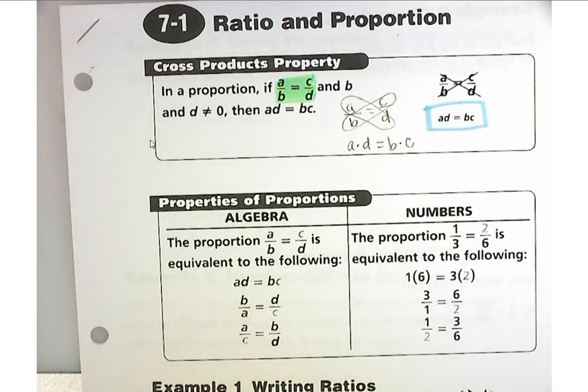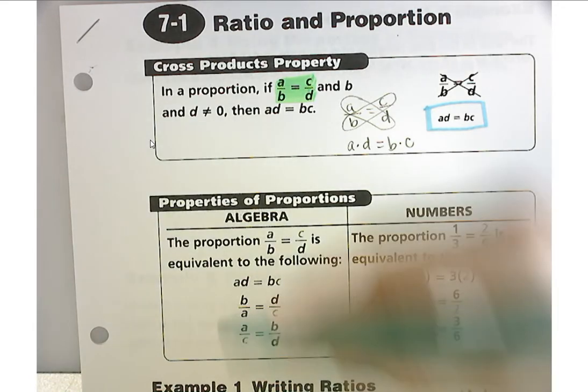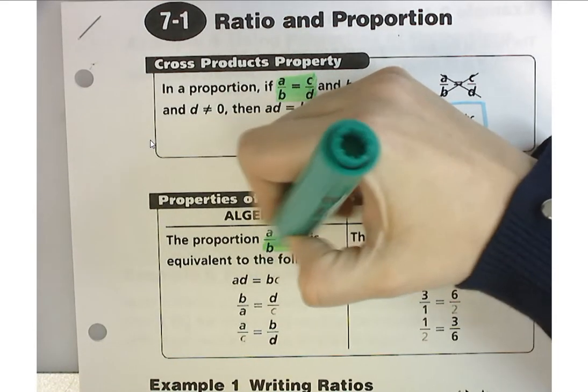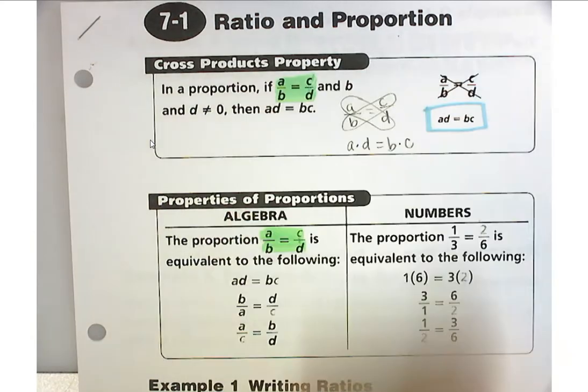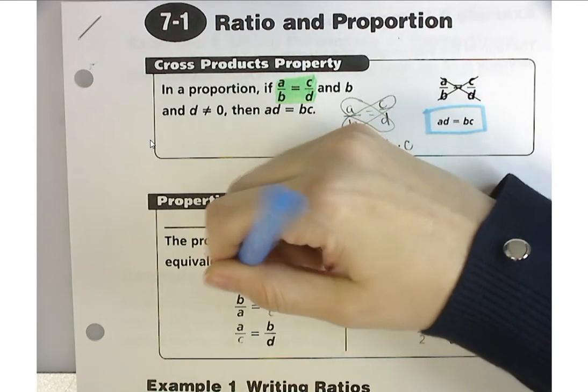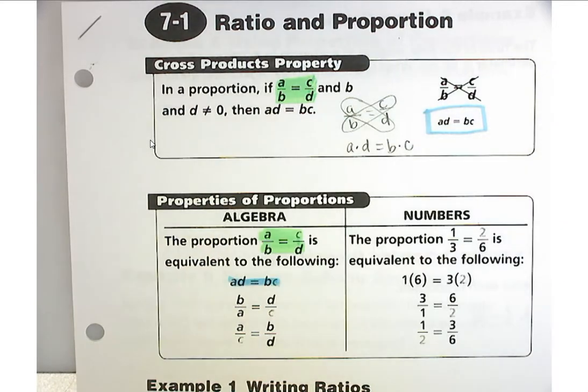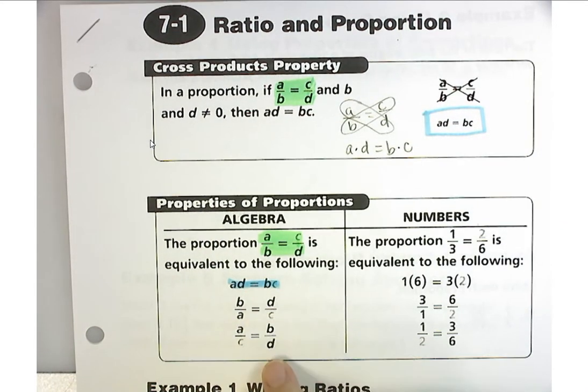Okay, and then the properties of proportions. So if we have that same proportion we talked about above, it's equivalent to all of the following. So we just talked about how it would be equivalent to AD equals BC, but then it's also equivalent to these equations.